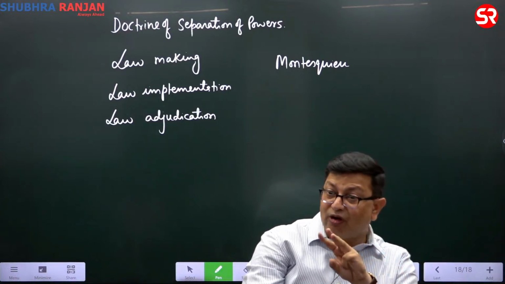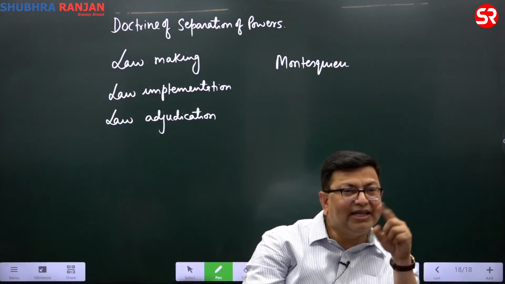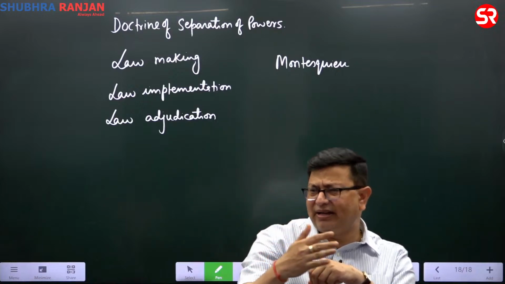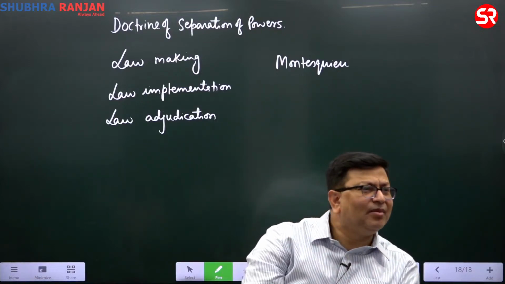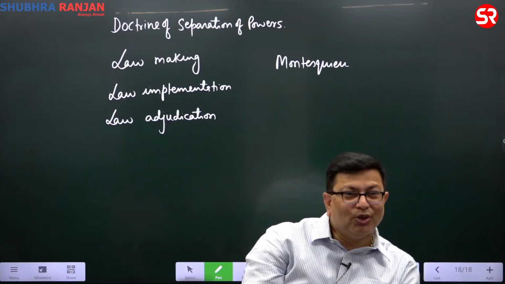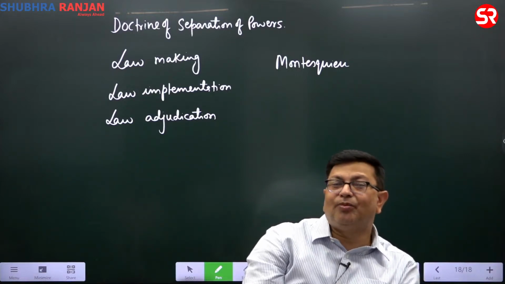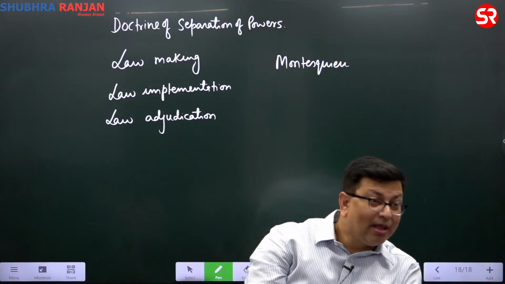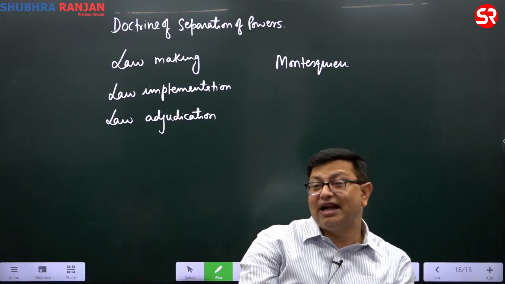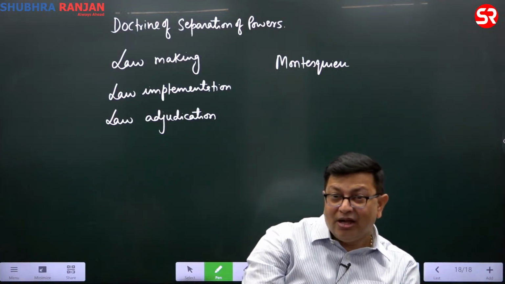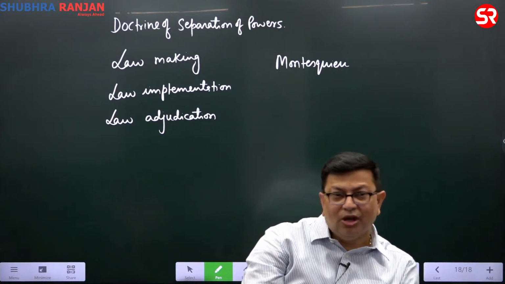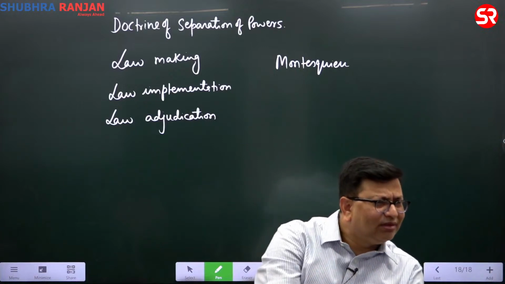They have to be performed by three different organs, and division of powers means between the union government and the state governments. Now, in India, we have a parliamentary system. So, a strict separation of powers may not be feasible between the legislature and the executive. Why? You will see that while making a law, who takes the initiative?